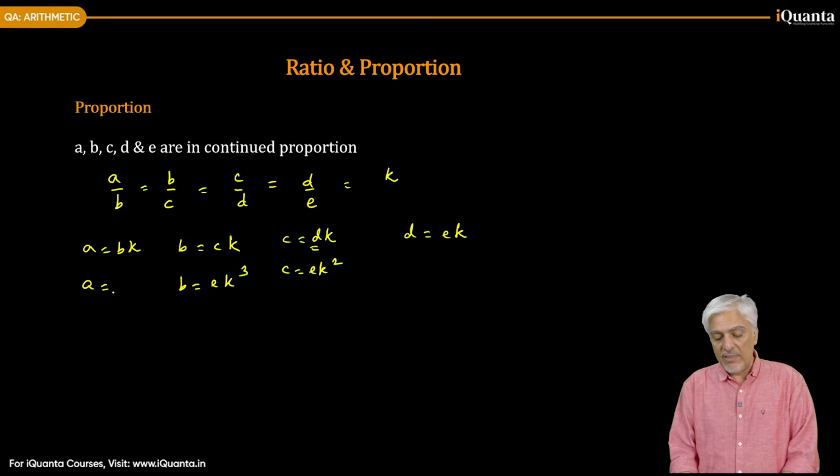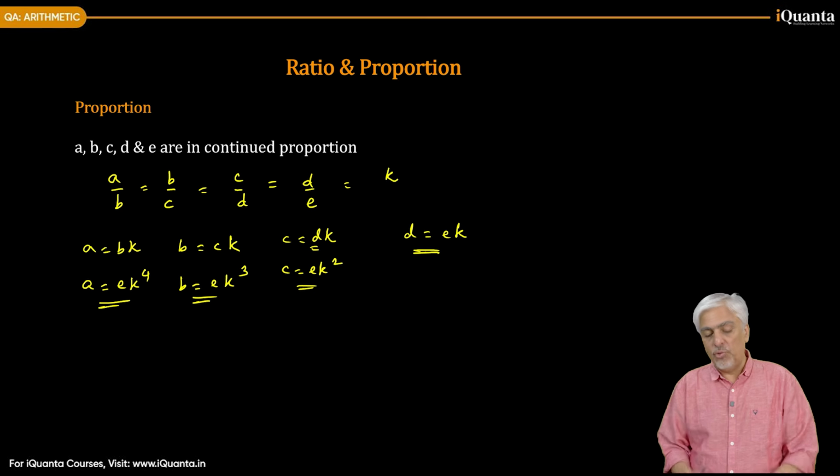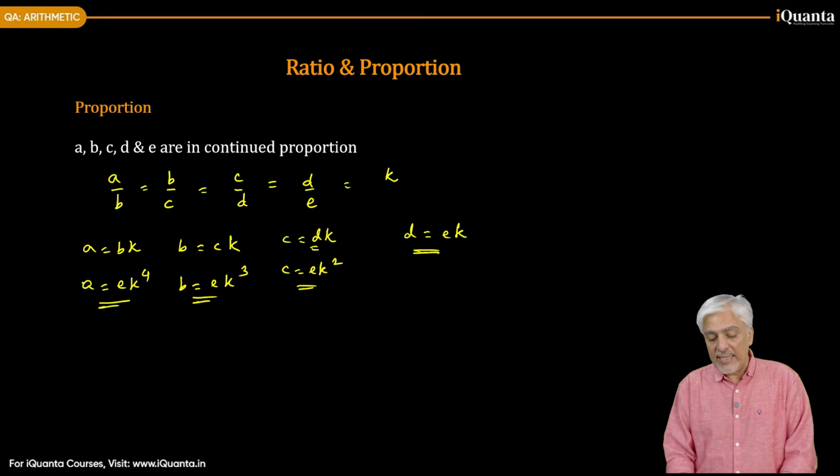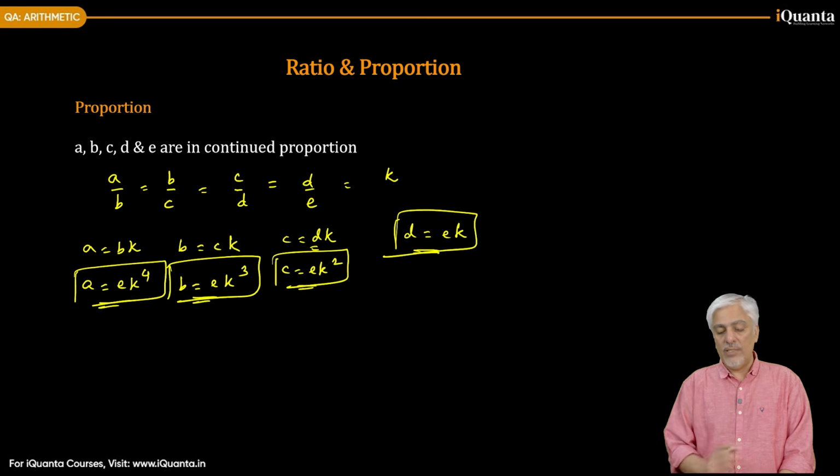So A will become B into K, that is EK cube into K, which becomes EK raised to 4. Therefore, A is equal to EK raised to 4, B is equal to EK cube, C is equal to EK square, and D is equal to EK. This will be a standard property which you can remember when you have questions around this. Or you can use it as ratios and solve depending on what is asked.